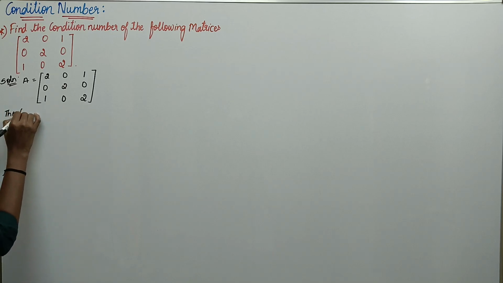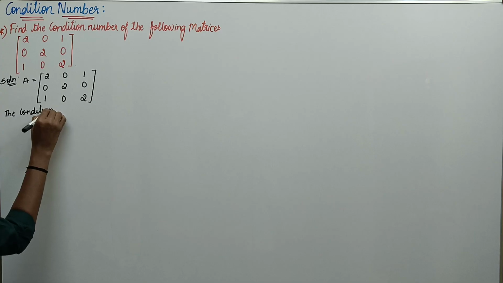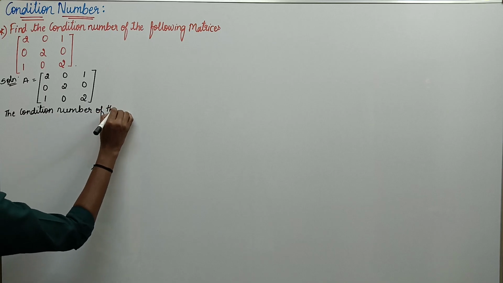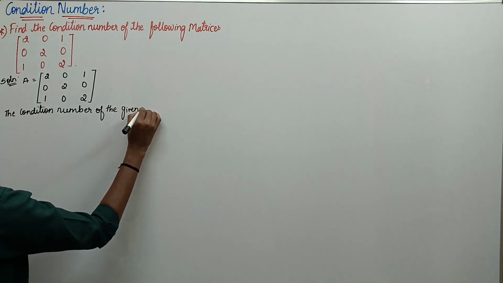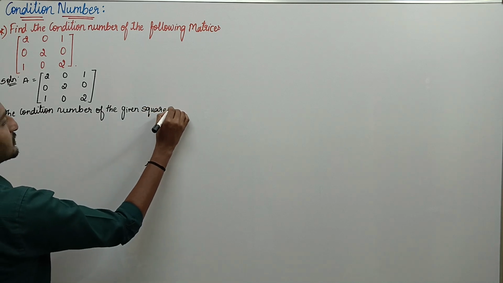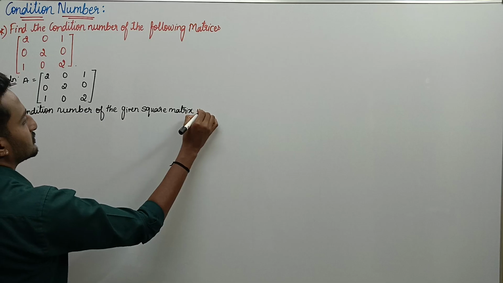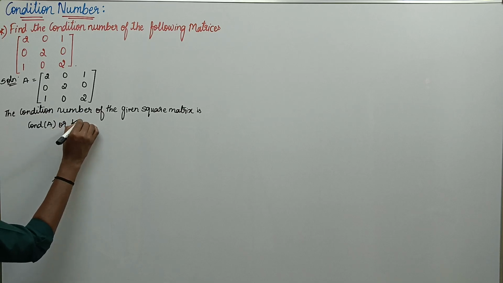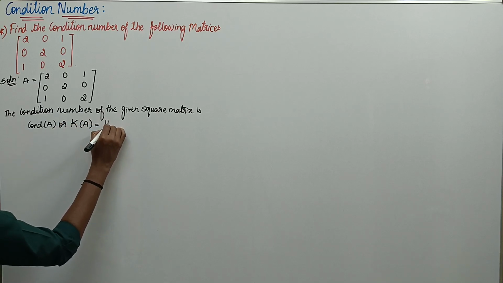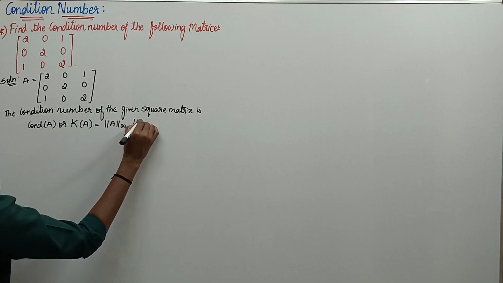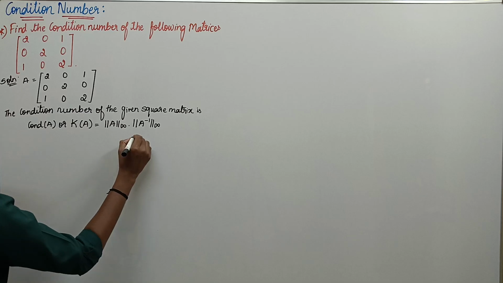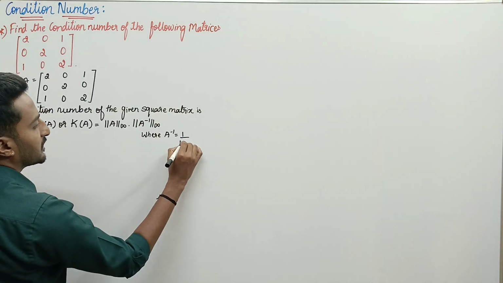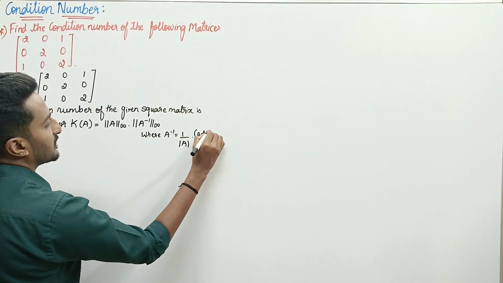Therefore, the condition number of the given square matrix is condition of A or K of A, which is equal to norm A infinity into norm A inverse infinity, where A inverse is equal to 1 by determinant of A into adjoint A.